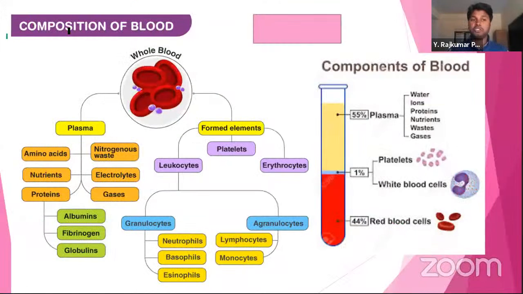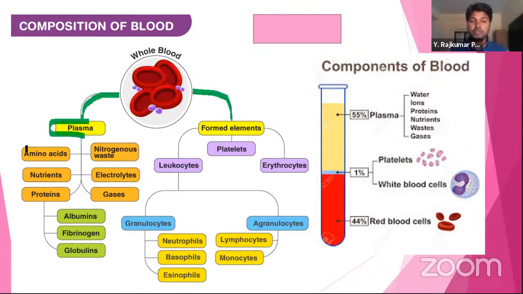Let's see the composition of the blood. What are the different things present in the blood? Let's say this is the whole blood. On the slide you can see blood can be classified into plasma and formed elements.